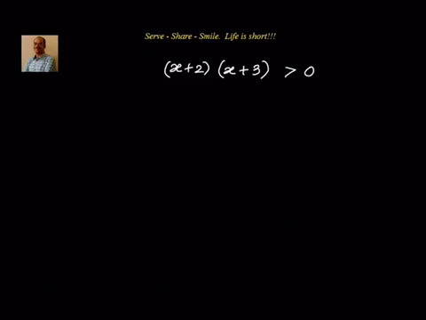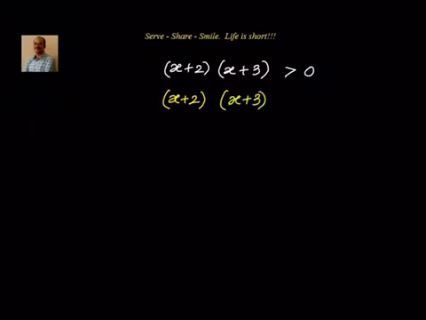What the method of intervals says is, first find out all the values of x which will make the left hand side equal to 0. That means x plus 2 into x plus 3 equal to 0. First we'll write down, we want the values at which the f of x will become 0.